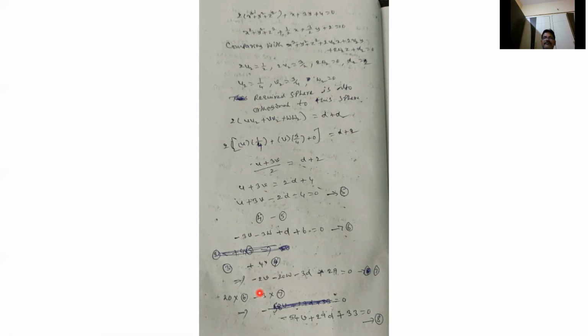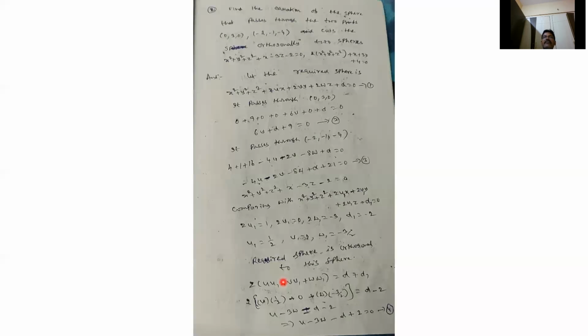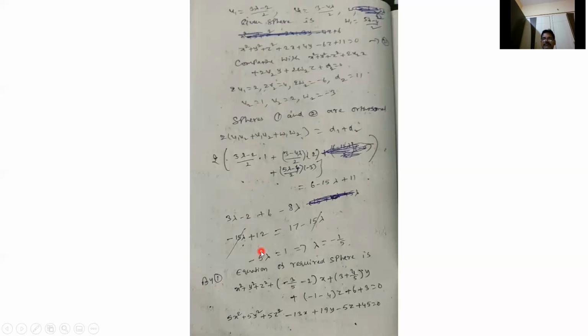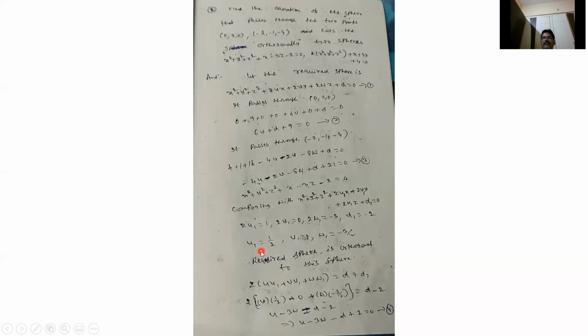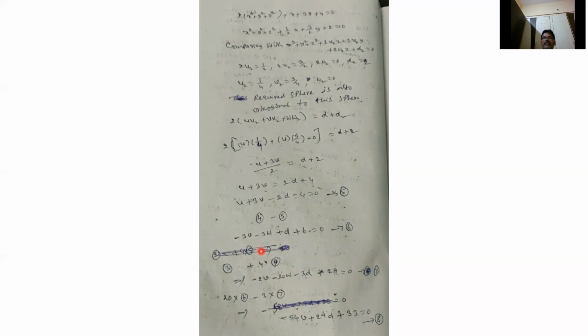So now we have to eliminate w from these two equations, 6 and 7, because already we have an equation in v and d.